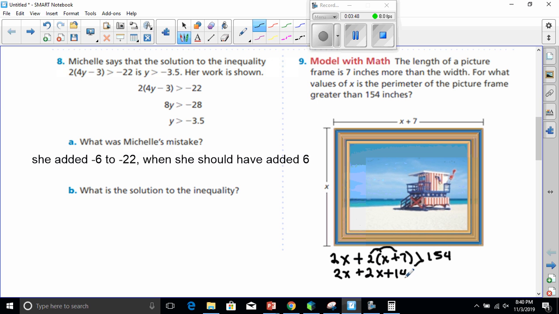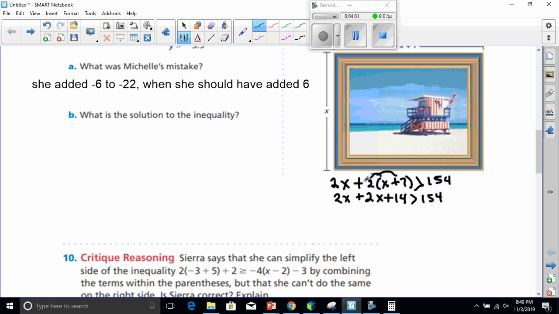For those that didn't catch that, 2 times x equals 2x, 2 times 7 is 14, and that is going to be greater than 154. Next, I'm going to combine these 2 x's to make 4x, because they're like terms, I can do that. So now my new inequality is 4x plus 14 is greater than 154.